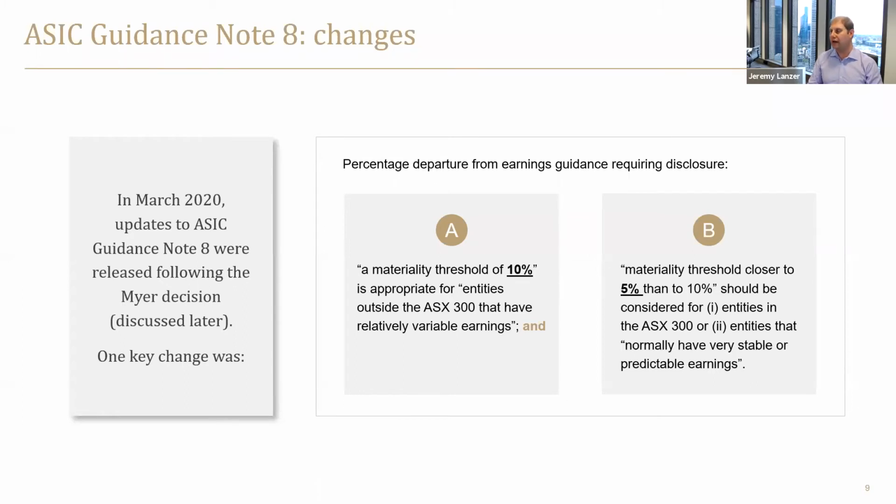For example, a toll road operator is a good example. If you're a toll road operator and your earnings shift by 5%, that's likely to be material. But if you're a growth company, like in the e-commerce space at the moment, or in the buy now, pay later space, and your earnings grow by 5%, I suspect that's not going to be considered material, or may not be considered material.